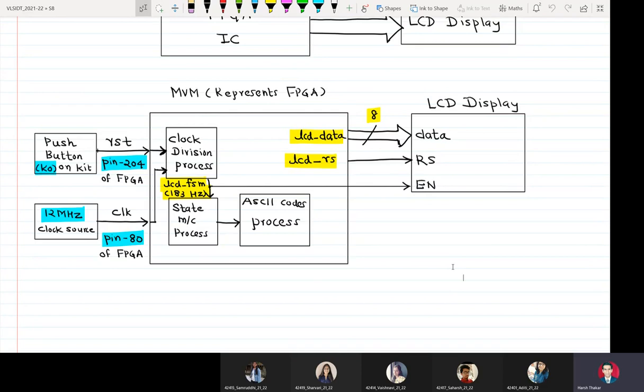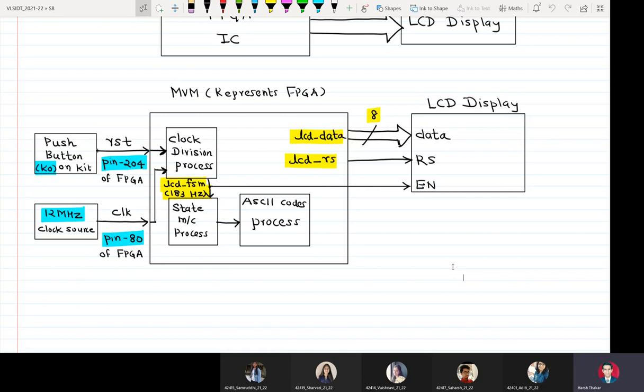So this was about the inputs required by the LCD display and the same inputs becoming the outputs of my FPGA IC. Coming to the left of my MVM, we have the RST signal and the clock signal. Got the point? So in the entity declaration for the MVM, I should be able to see RST and clock.